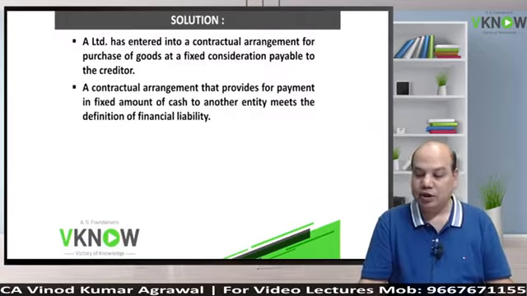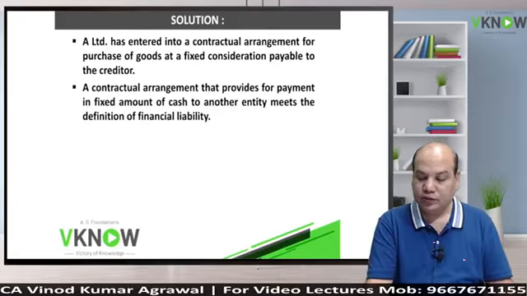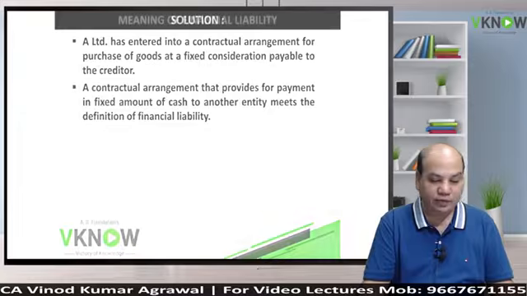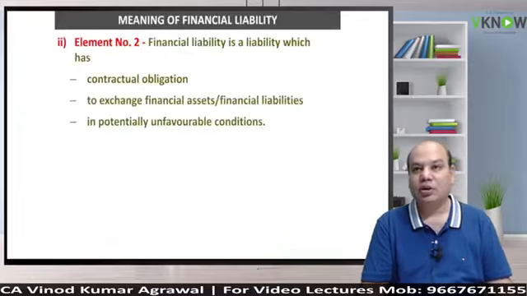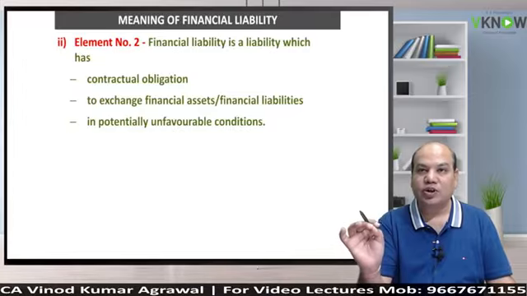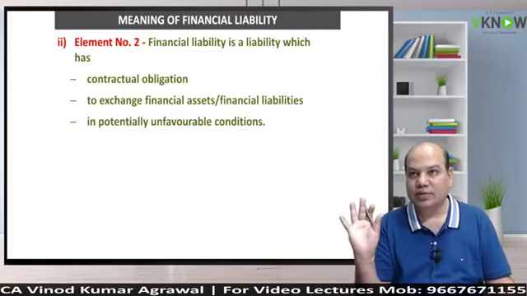A Limited has entered into a contractual arrangement for purchase of goods for a fixed consideration payable to the creditor. A contractual arrangement that provides for payment of a fixed amount of cash to another entity meets the definition of financial liability. So revise, the first element was contractual obligation to deliver cash or another financial asset.